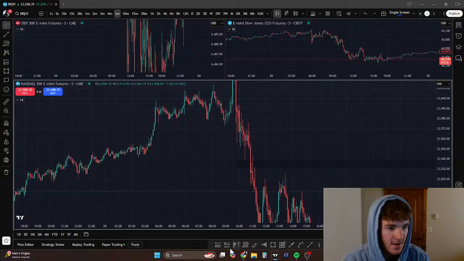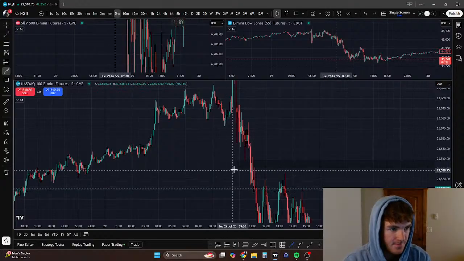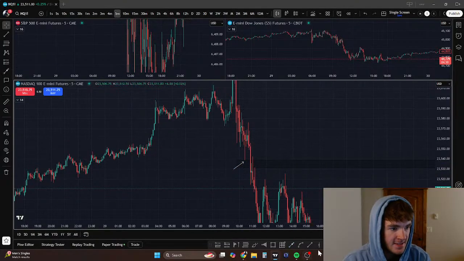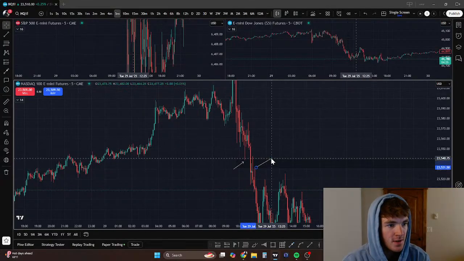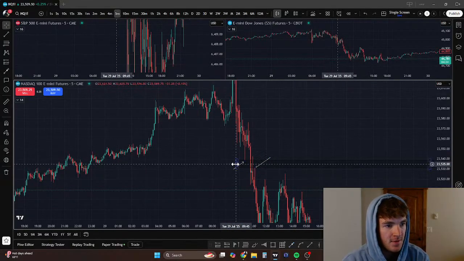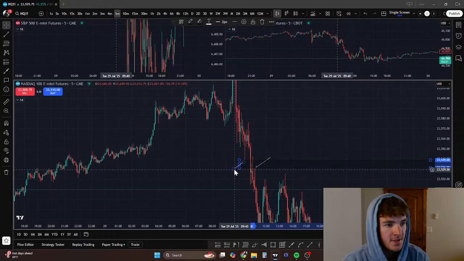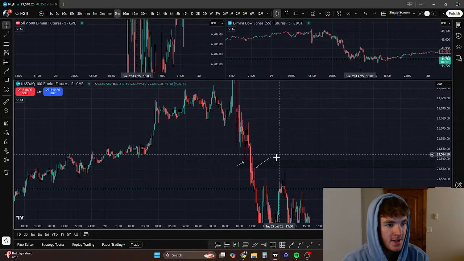I do not care that it's not literally a fair value gap. It has the same composure that a fair value gap would have. The same composure, it's just not perfectly aligned with whatever the candles are, right?